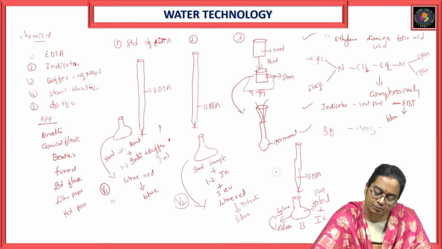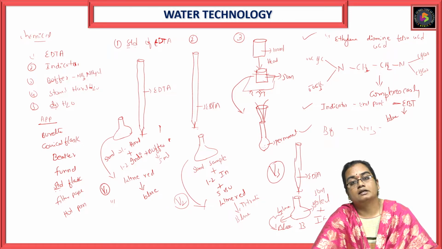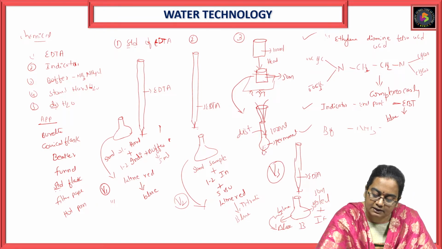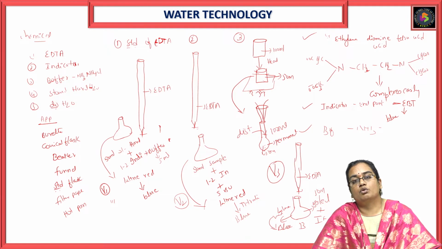But here you need to observe one important point. The filtrate that we are getting is only 50 ml, but we need to do the titration twice or thrice until you get concordant values. For that, we make up this solution to 100 ml by adding distilled water.